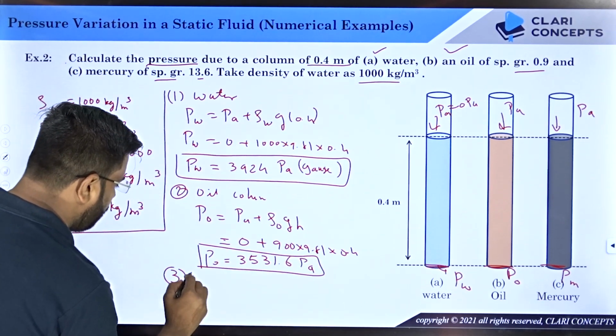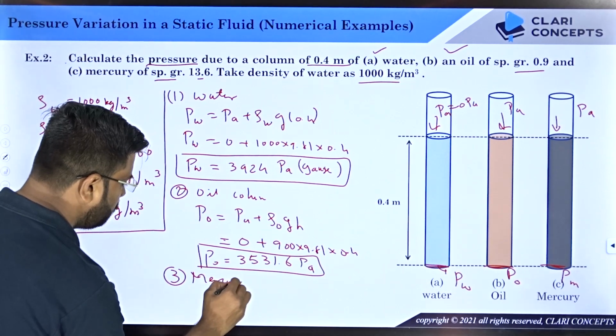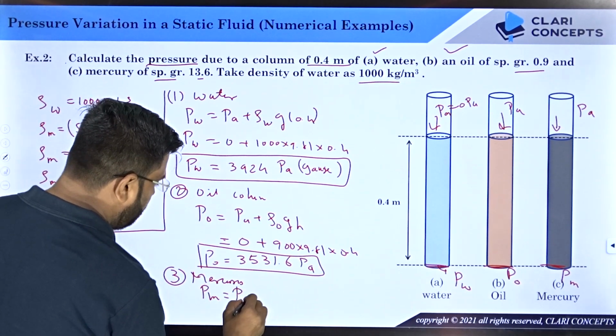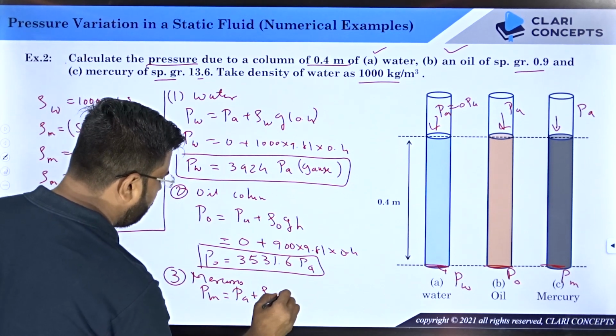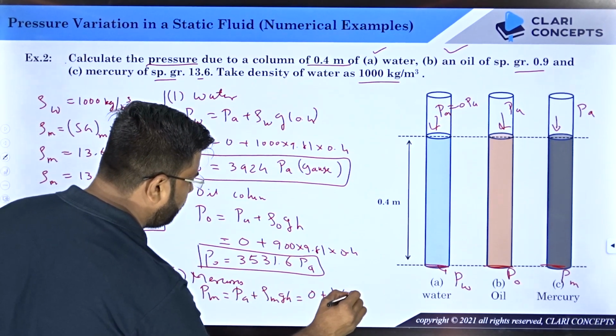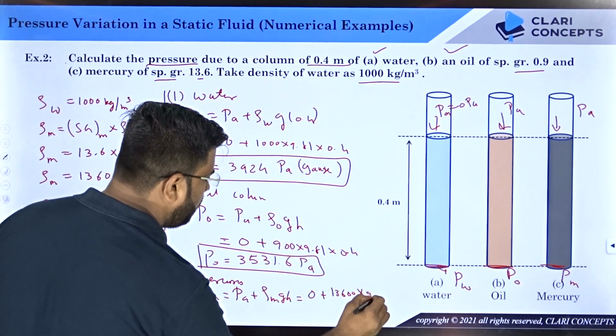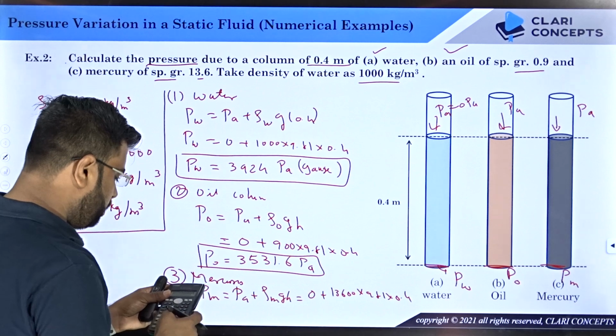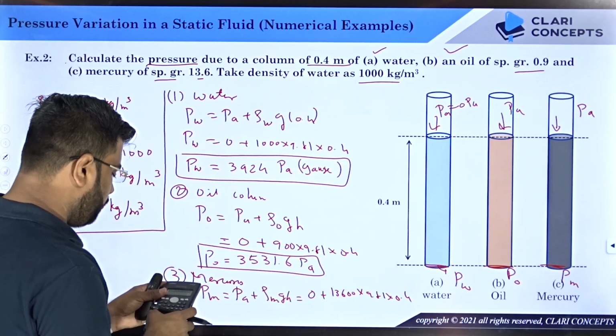And third, the pressure due to the mercury column. So the pressure due to mercury will be equal to what? PA plus rho of mercury, g and h, which is 0 plus 13600 into 9.81 into 0.4.